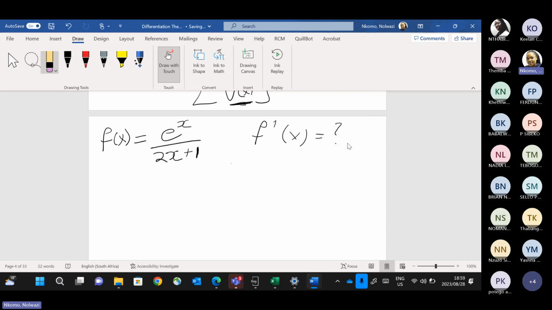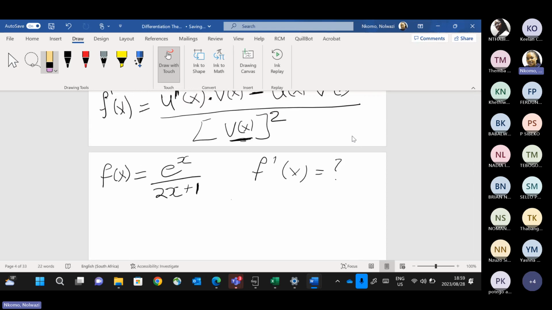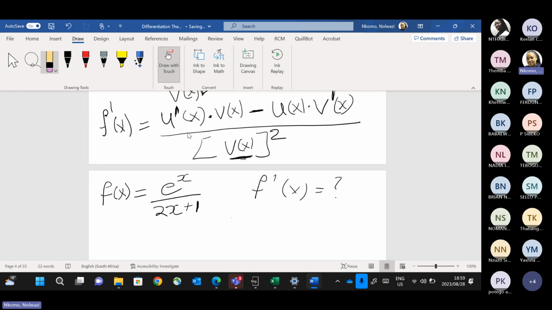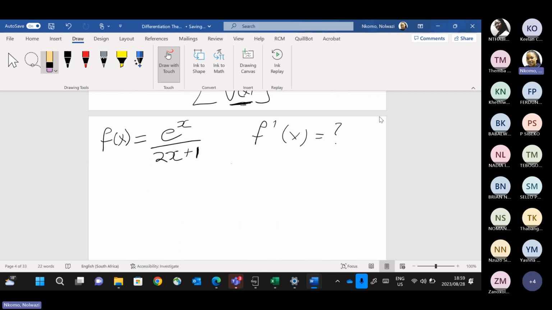Let's apply the quotient rule. We said if we are given f at x in the form of a numerator and a denominator, let u at x be e to the power x and v at x be 2x plus 1.